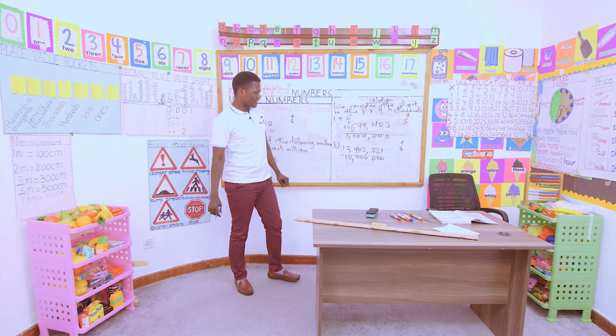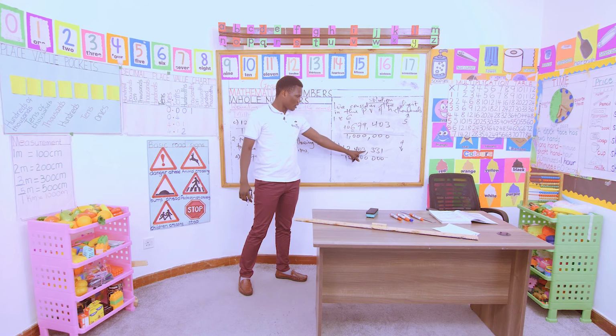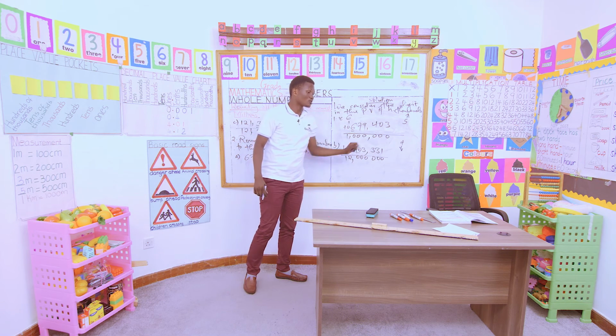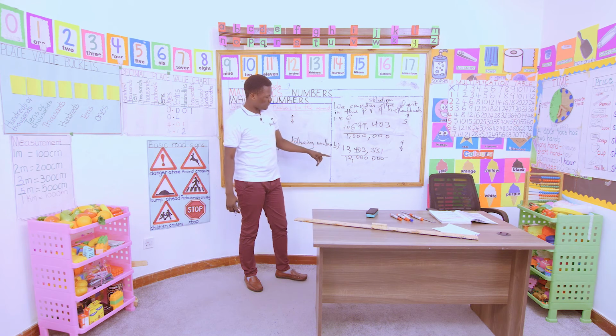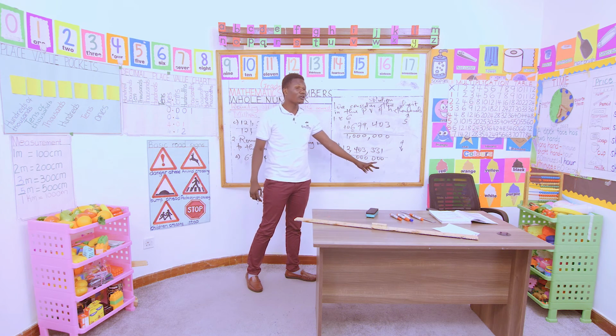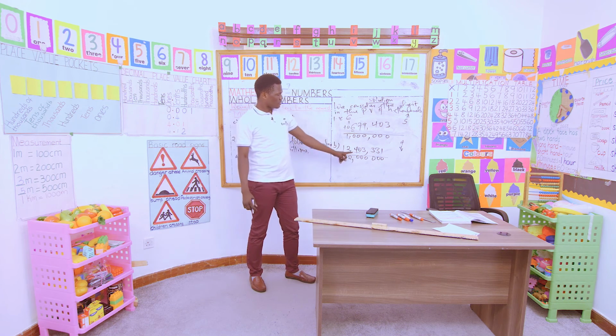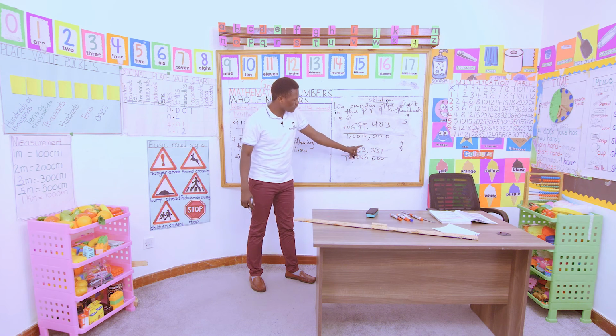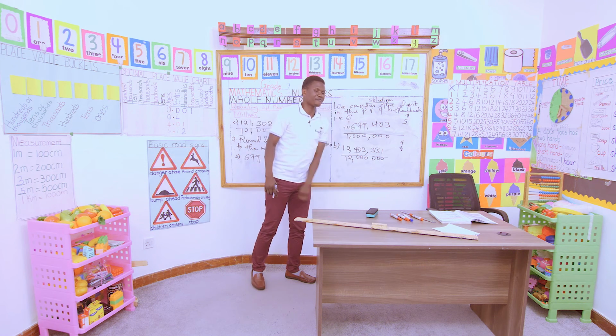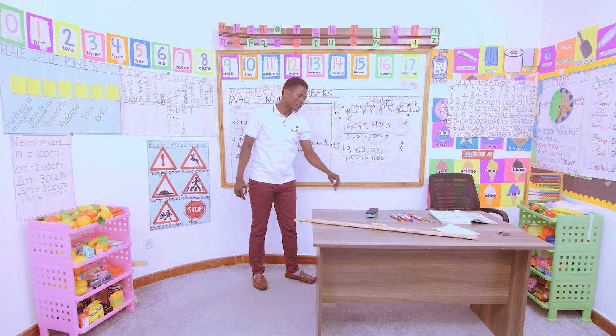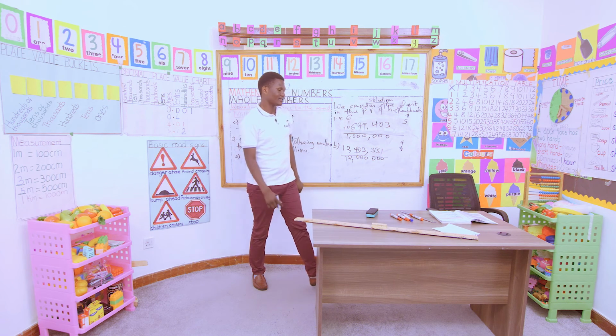So our number initially was 12,403,331. But after rounding off, we are ending up with 12 million flat. Why? Because the digit in the place value of interest was below 5. So we rounded it down. That's why the value has decreased.